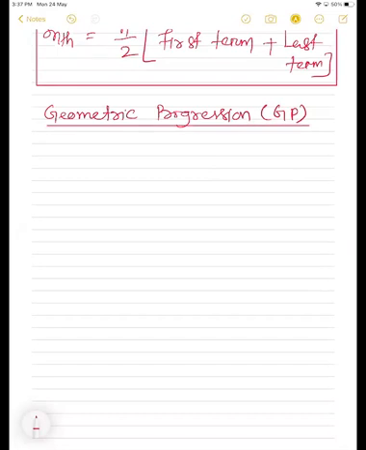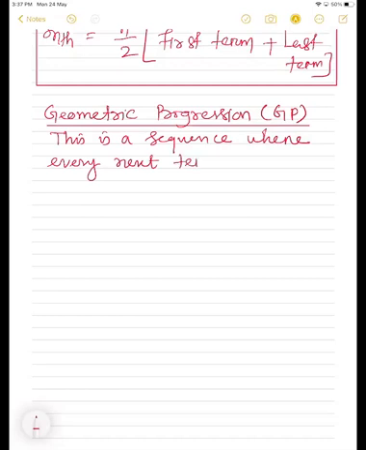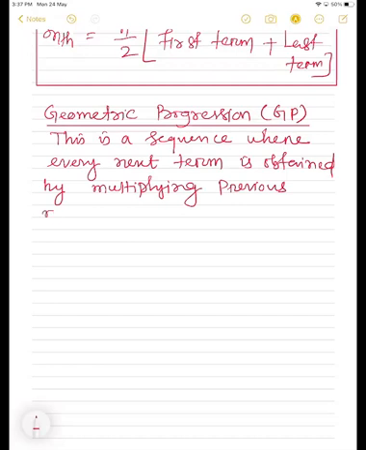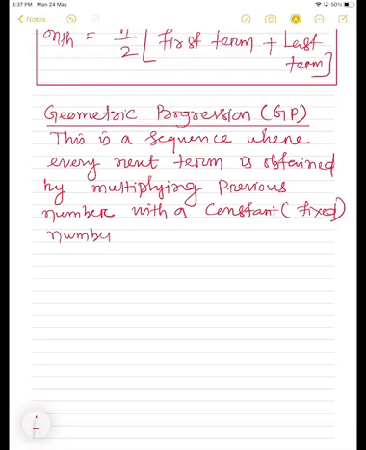Student, this is a sequence where every next term is obtained by multiplying the previous number with a constant or fixed number, correct?